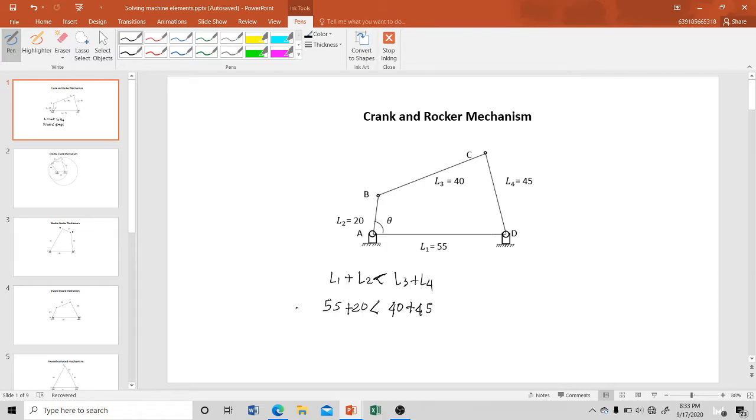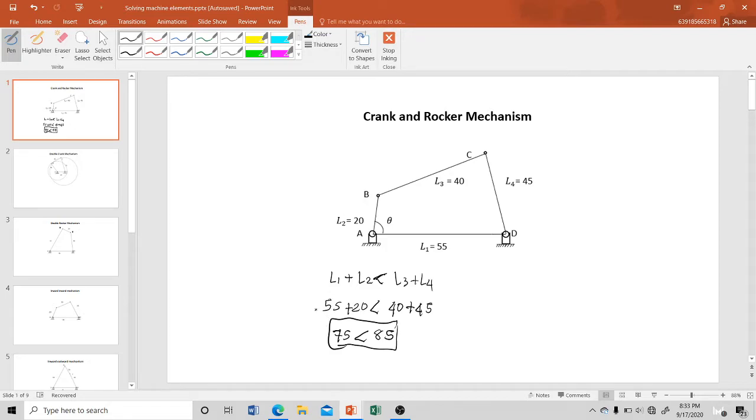So 55 plus 20 we have 75. 40 plus 45 we have 85. So it satisfies the equation of Grashof's criterion, which means that this mechanism is capable of full rotations.